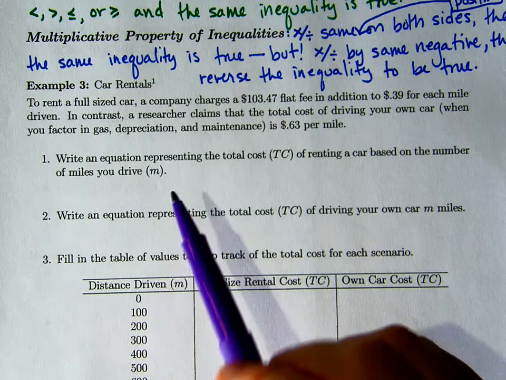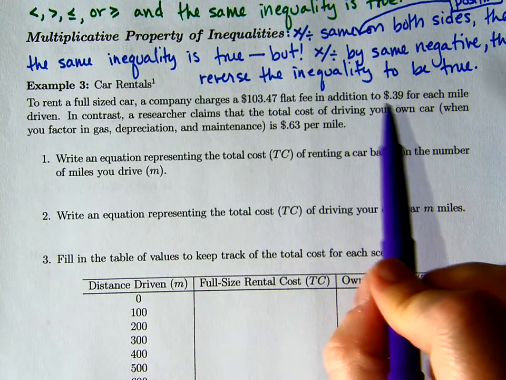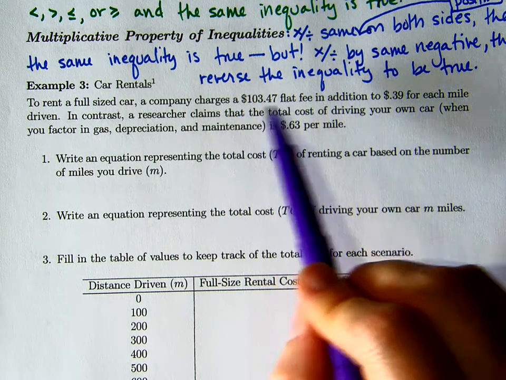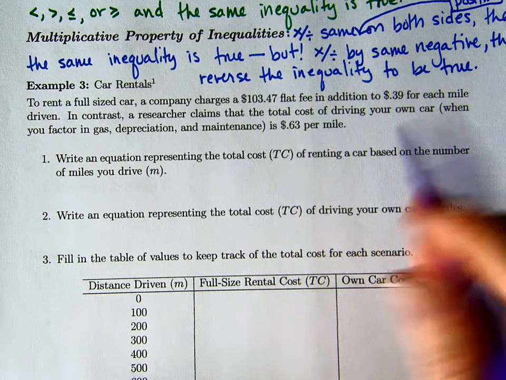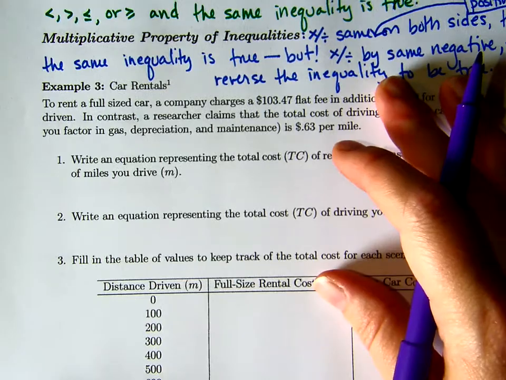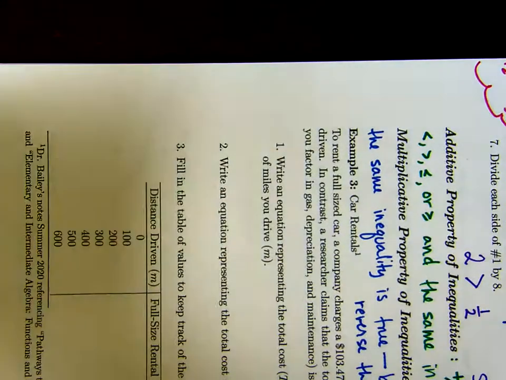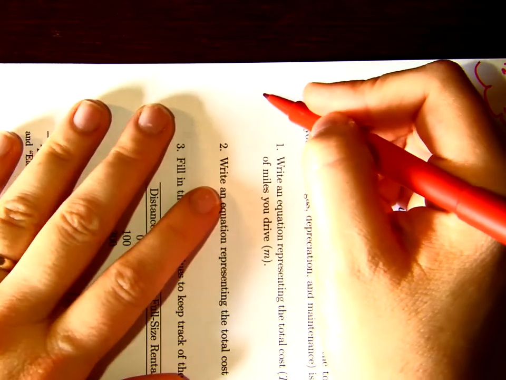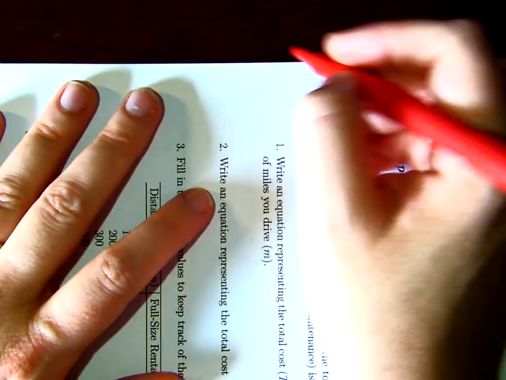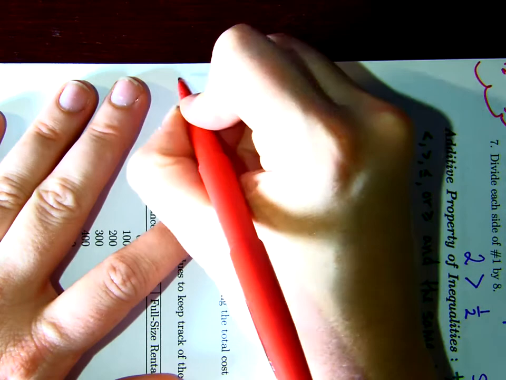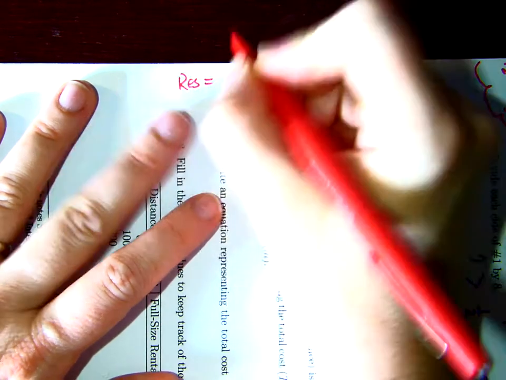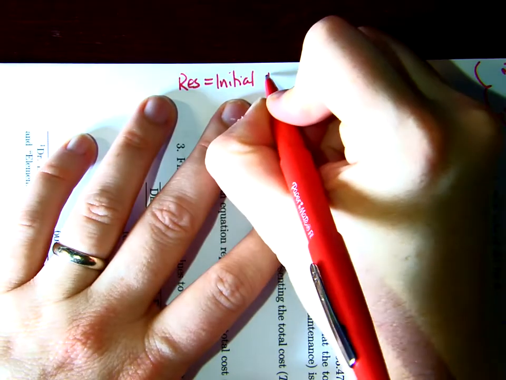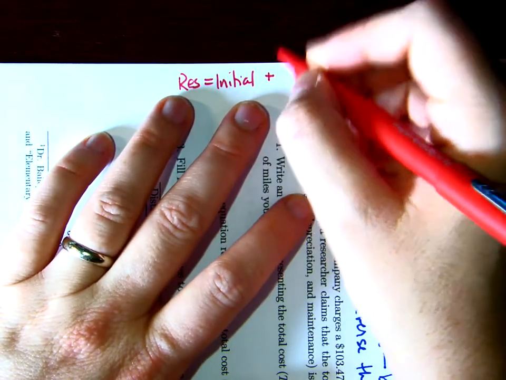I need us to remember, so I see that there's a constant rate of change for each mile, and there's an initial fee. So off to the side, I'm going to remind us that if there's a constant change, we're linear, and it goes: response is equal to the initial, plus or minus, whatever.